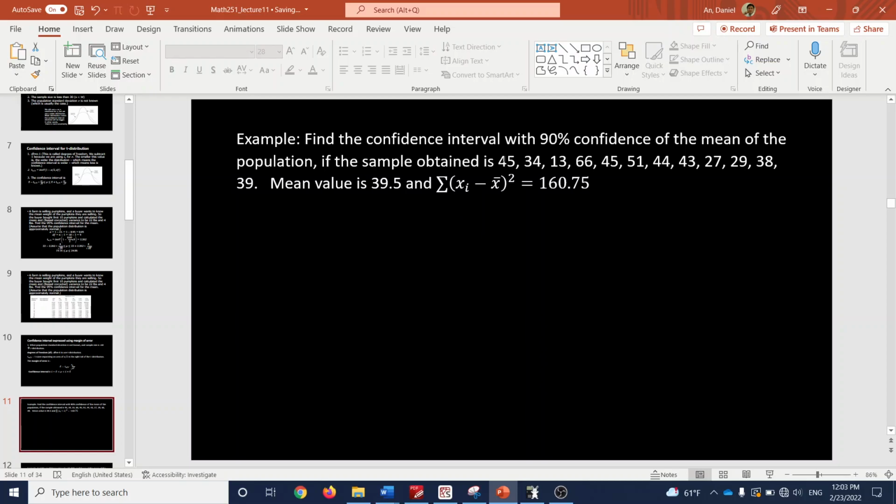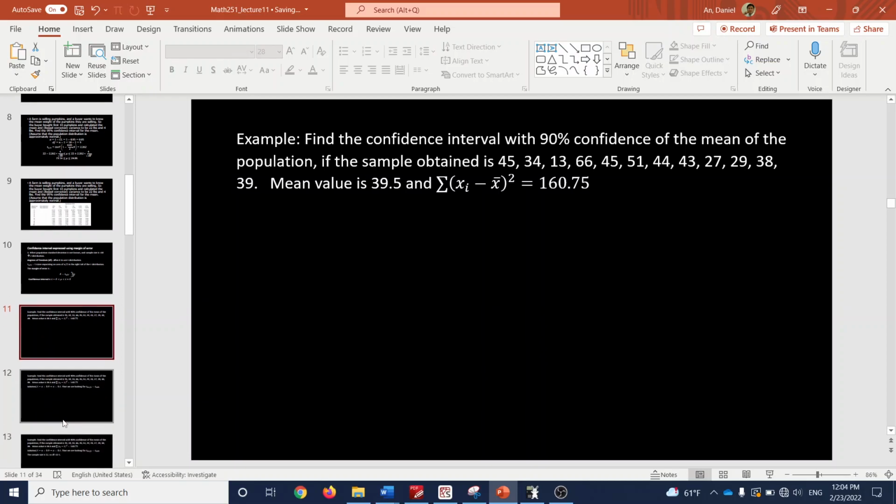How many numbers do I have? 1, 2, 3, 4, 5, 6, 7, 8, 9, 10, 11, 12. 12 samples. Okay, and from those, you can plug that into your calculator, do one variable statistics, and find the standard deviation of the sample and the mean value. Or you can just use these two quantities. And the question is to find the confidence interval with 90% confidence level.